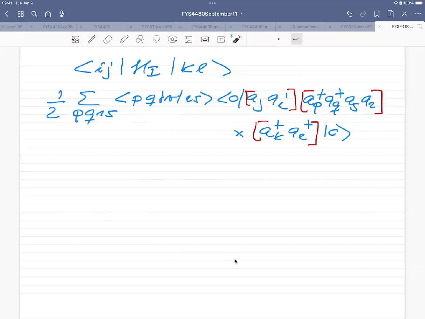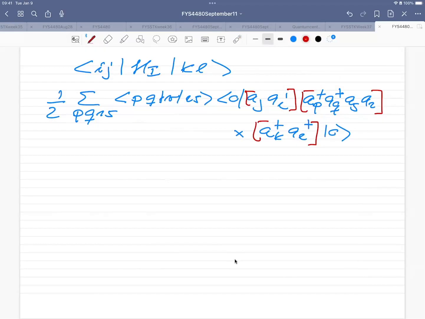And if we do the internal contractions here, like this one, this is 0 due to the rules which we have. If I try to do a contraction like this one, this is 0. If I try to do one here, that is 0. If I try that one, that is 0. So the only contractions which survive are those where we link the different normal ordered operators.